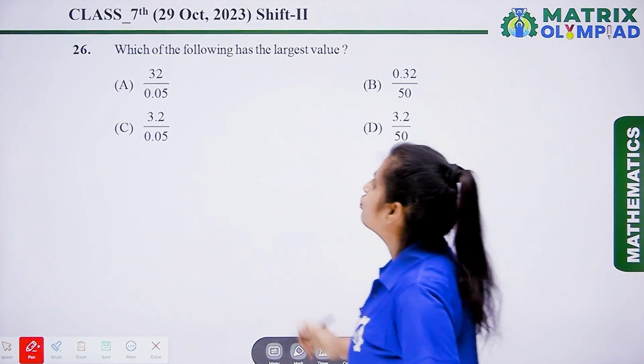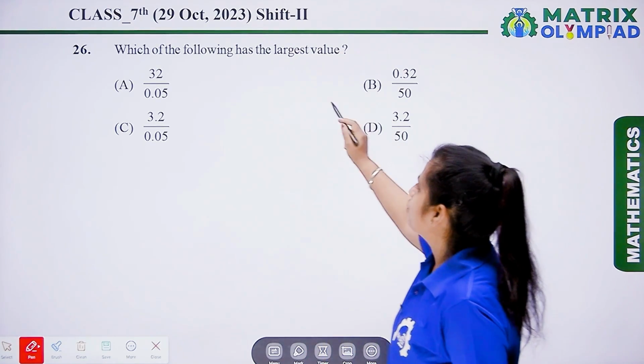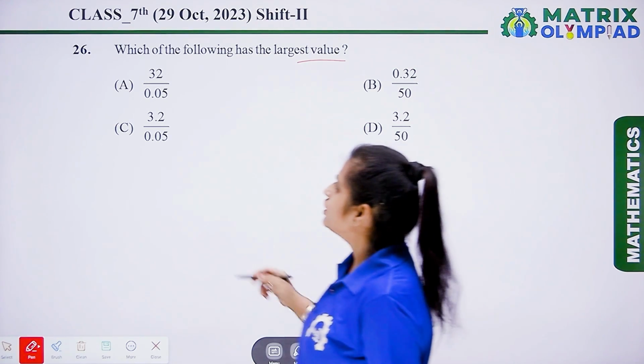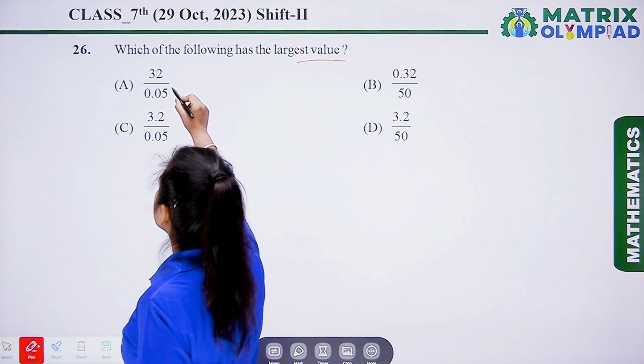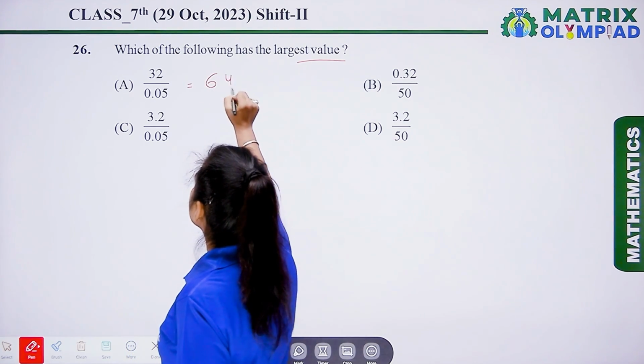In this question, we have to find which of the following has the largest value. So let's solve the first option. Here 32 upon 0.05 is equal to 640.